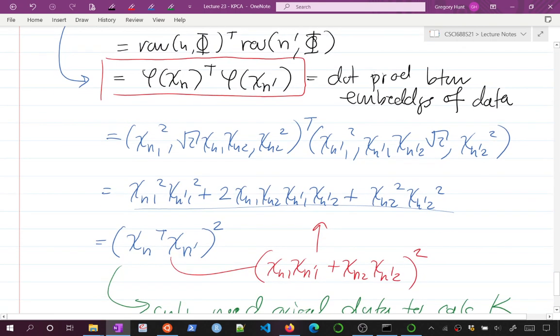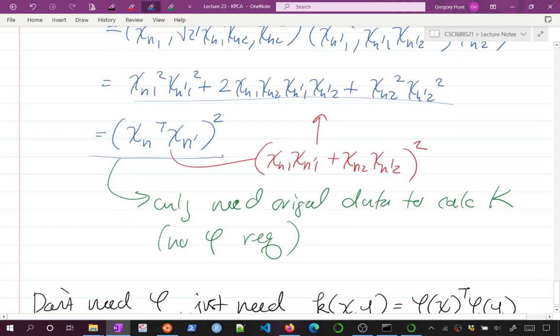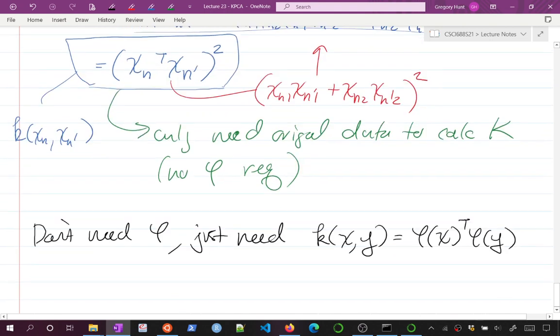So if I had some function, in this case we have the function, this thing here is basically k of xn, or sorry, k of xn prime. But in general, if I could maybe find some little function k that directly calculates the inner product between the embeddings, but don't actually need that phi, which we could do at least in one case, then we're great.